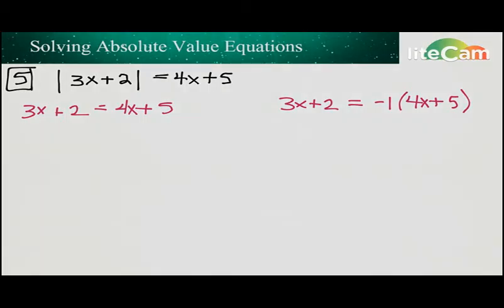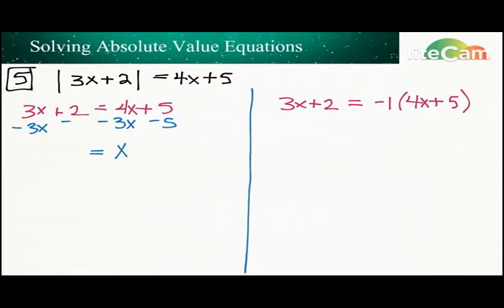Since this is going to be a little bit more to work this time, let's divide up the screen in half. Okay, now I'm going to go ahead and move this 3x over, just because of the fact that I see that it's a 4x and I know that'll give me 1x. And then I'm going to move the 5 over here and that'll give me -3.